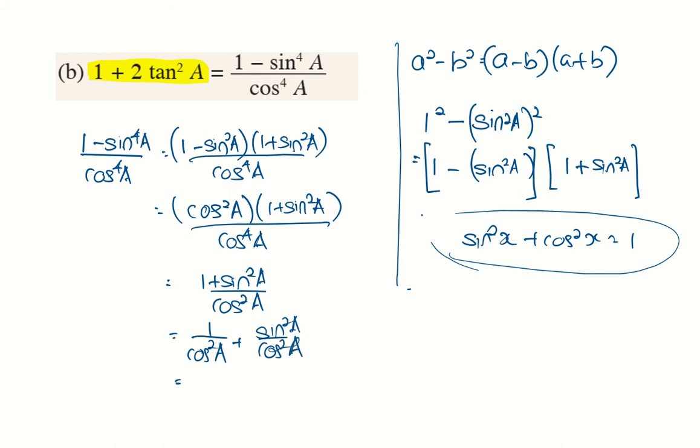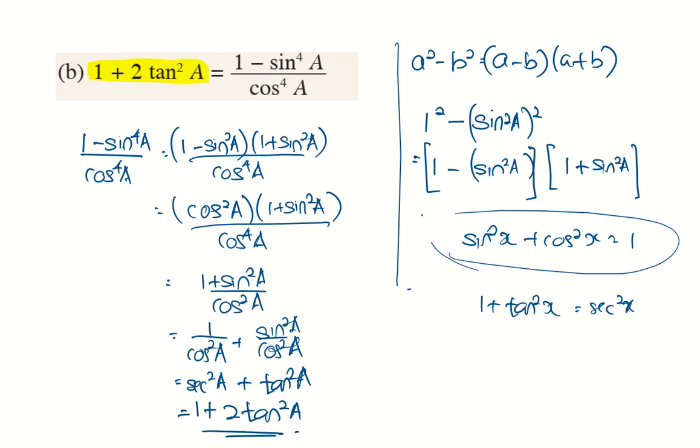So it will be secant square a plus tangent square a. Secant square is 1 plus tangent square, so secant square is 1 plus tangent square is 2 tangent square a. Proven.